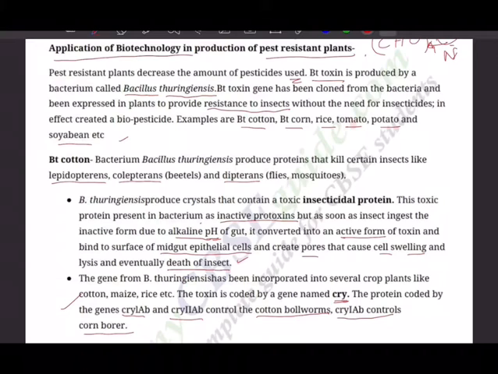The vector used to introduce new genes into plant cells is most often a plasmid from a soil bacterium called Agrobacterium tumefaciens. This is the Ti plasmid, that is, tumor inducing plasmid.